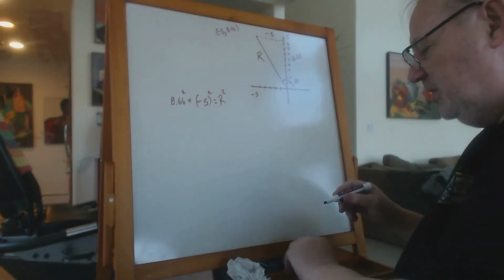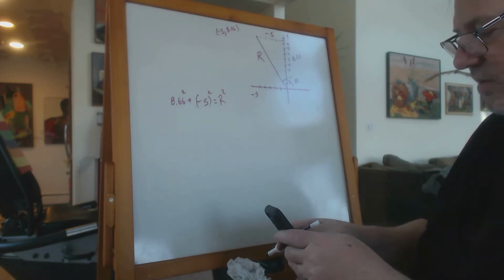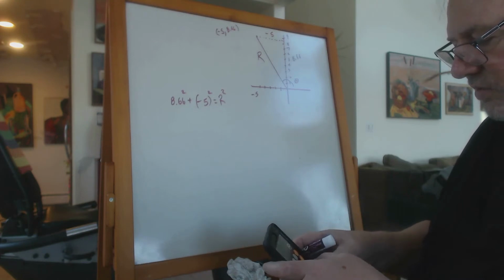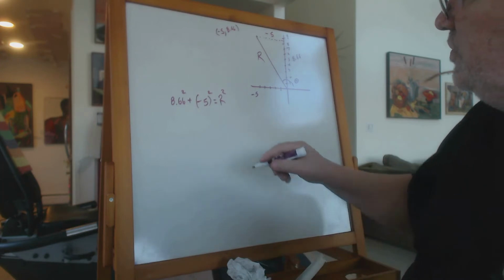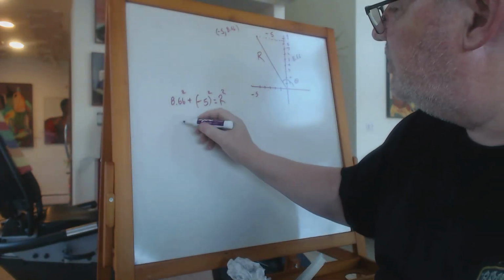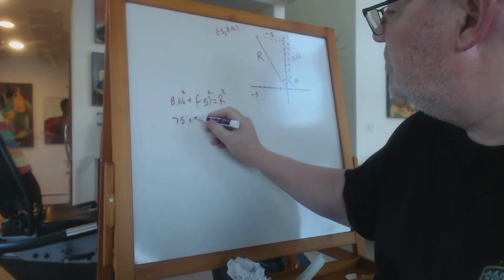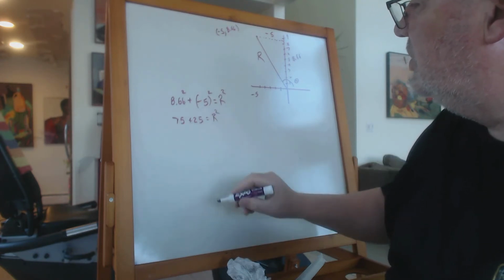And rather than calculating it, I'm going to do 8.66 times 8.66, and we got 70. It's approximately 75 if you round it up. 75 plus 25 equals r squared.